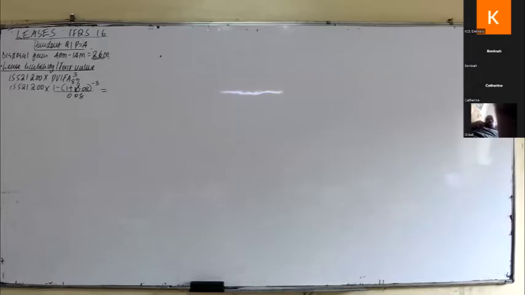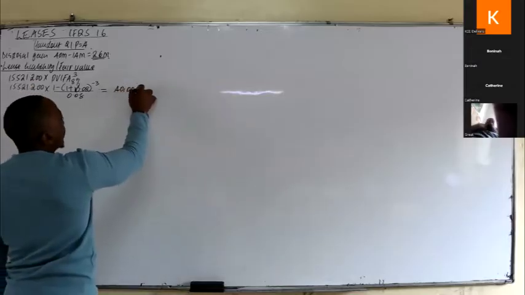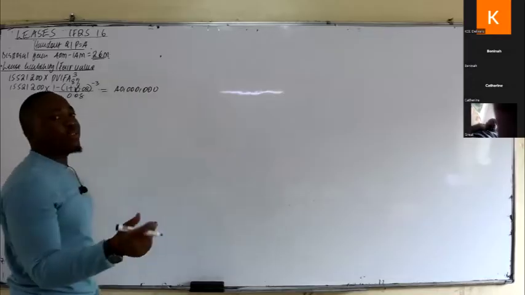What do you get? Then multiply by 15,521,200. Give me the fair value. It's approximately equal to 40 million, right? Yes, and that's what you are given. If you're not given, that's how you compute.